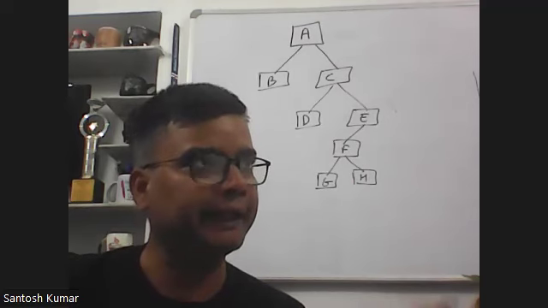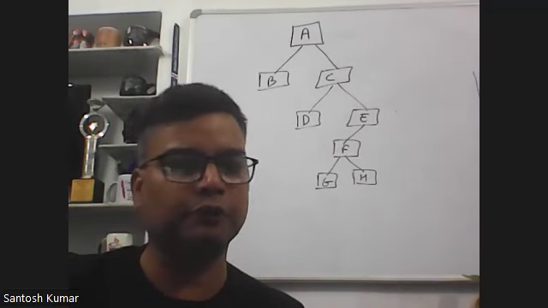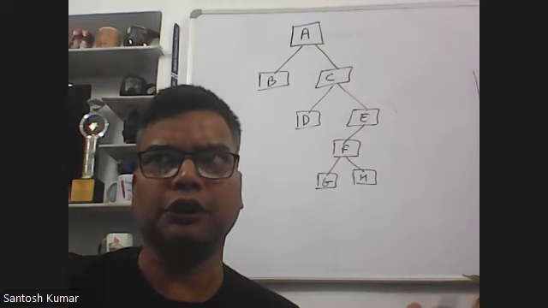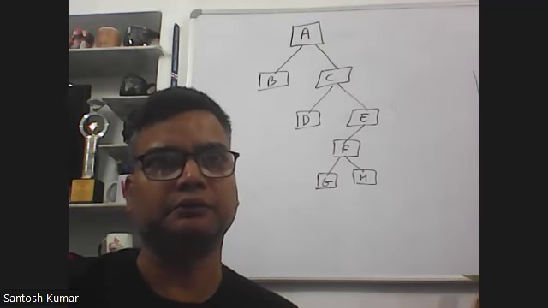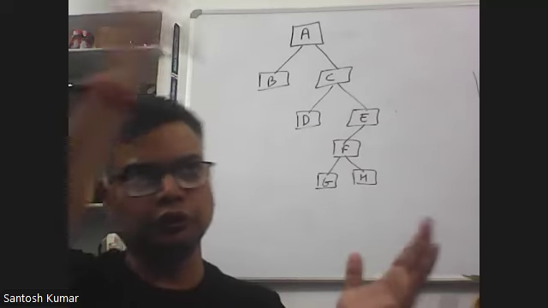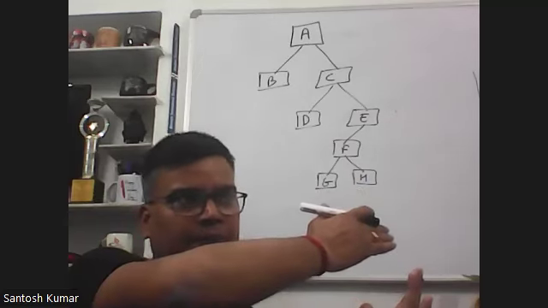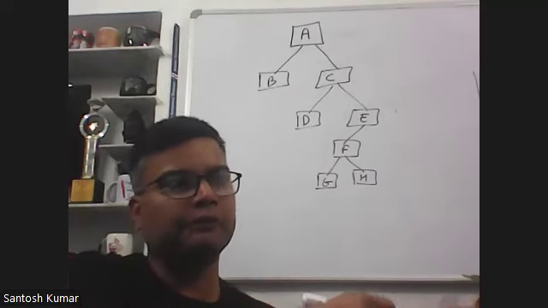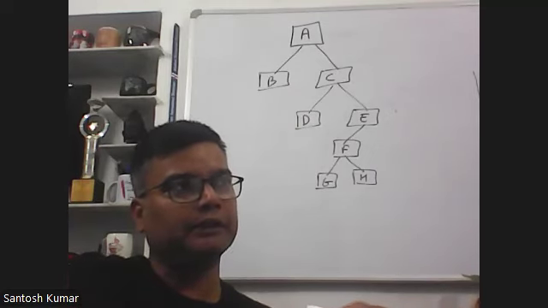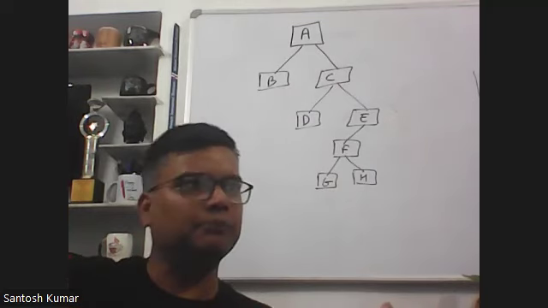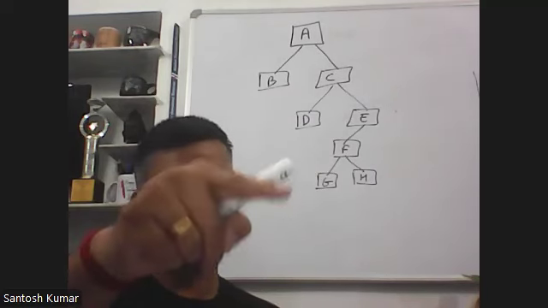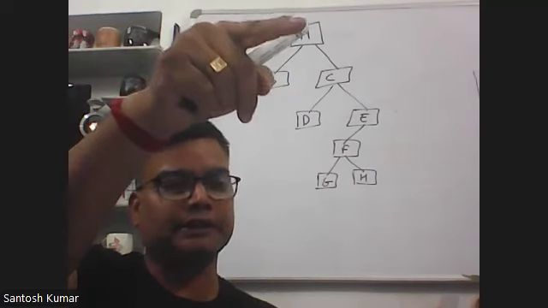So first root A, now come to left B. Now you come to right, the full right. D. Now you come this side again, so you have root, left, right: F, G, H. Then E. Then again you go root that side, it is C.